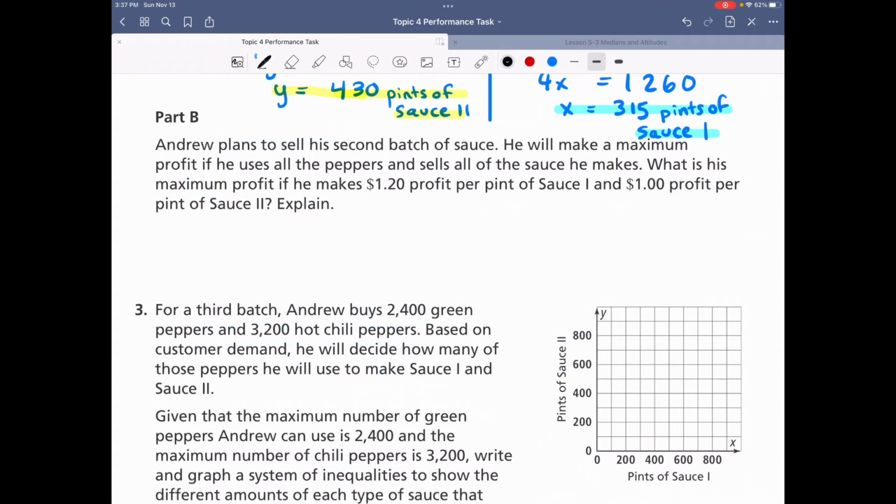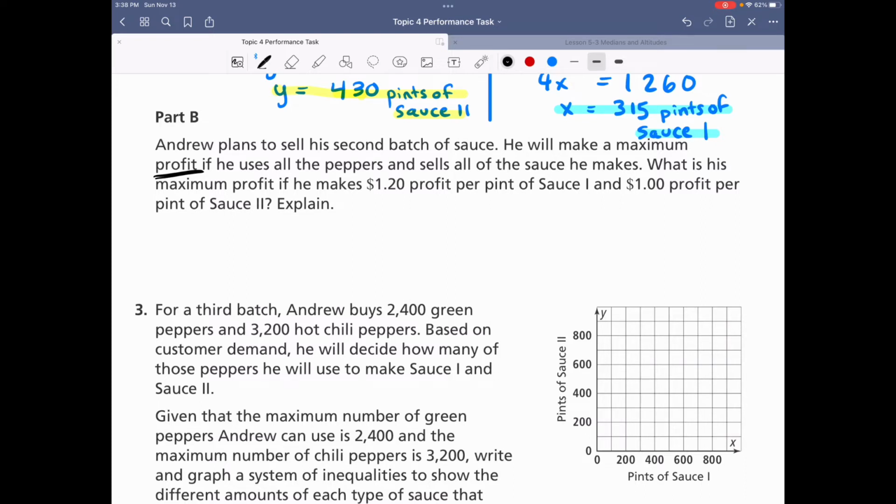Part B of the second question, it starts to get exciting. Andrew plans to sell his second batch of sauce. He will make a maximum profit if he uses all the peppers and sells all of the sauce he makes, right? And so we just discovered that if he made 430 pints of sauce 2 and 350 pints of sauce 1, that is going to use up all of the peppers.